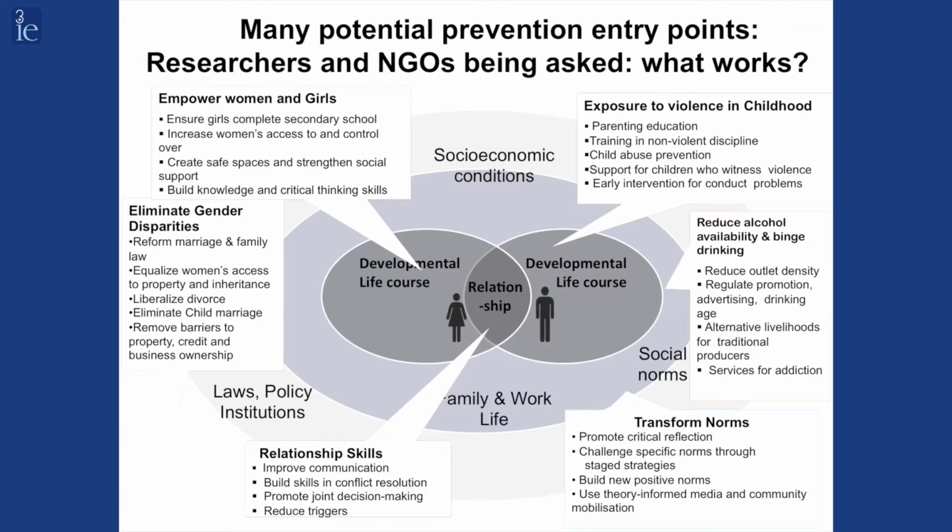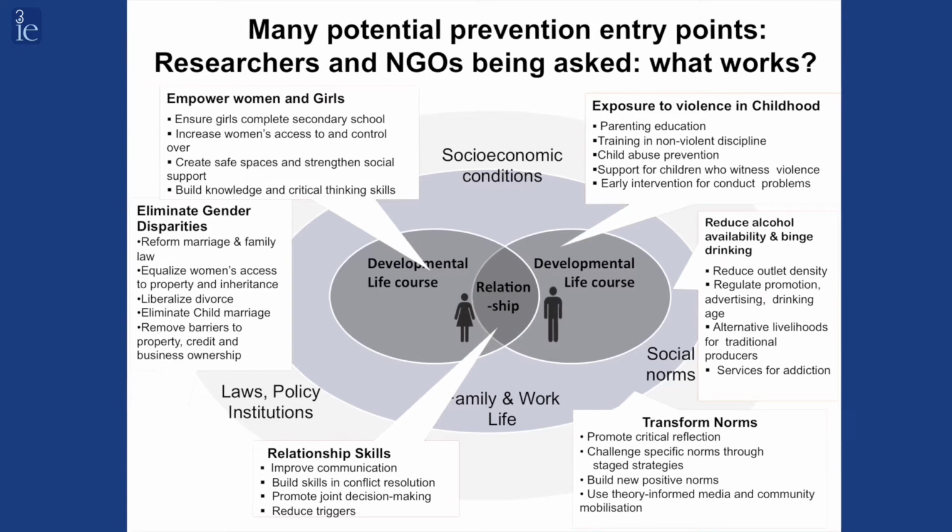There are structural and policy level interventions around women's status, access to assets, divorce and so on. There are interventions around alcohol. Heavy alcohol use can exacerbate the frequency and the severity of violence. There are interventions around relationships, and around women and girls' empowerment.